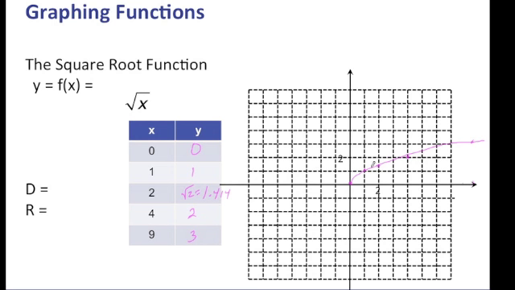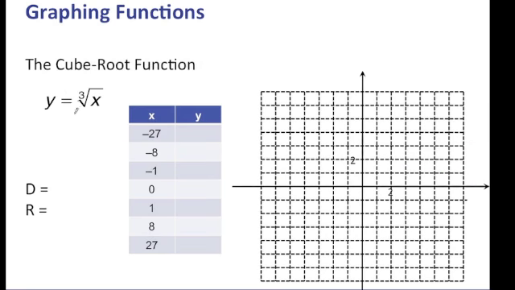Now, the domain doesn't start at negative infinity because to find the square root of something, x has to be 0 or bigger. So the domain here starts at 0 and goes to infinity. And since x has to be positive, the square root of 0 is 0, and the range is also from 0 to infinity.